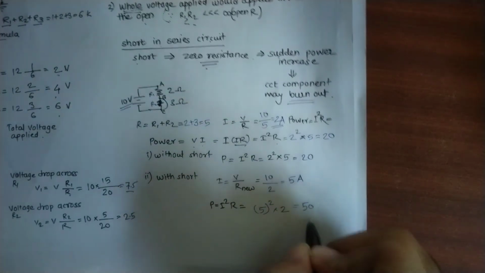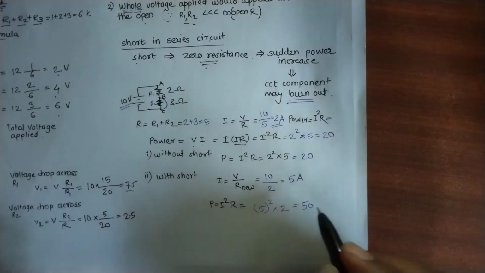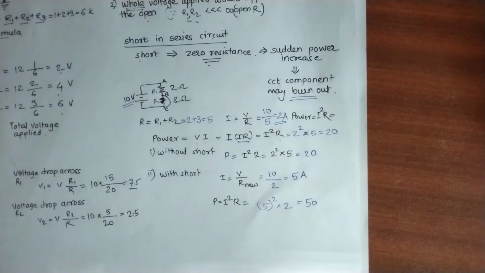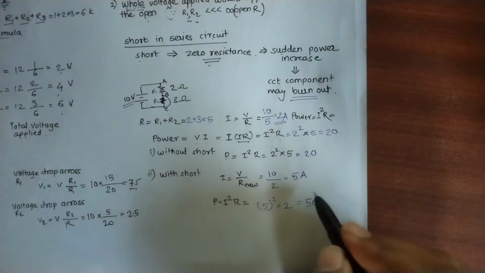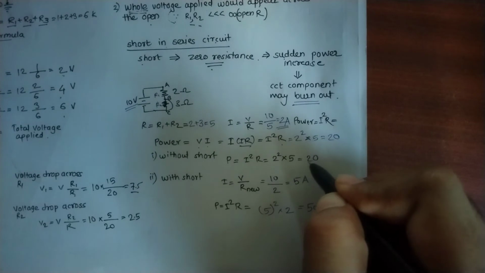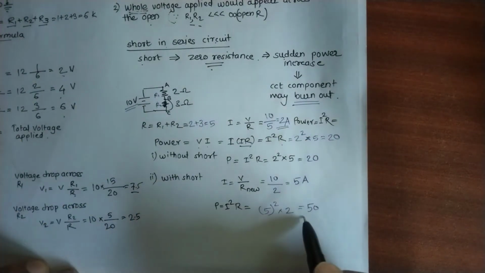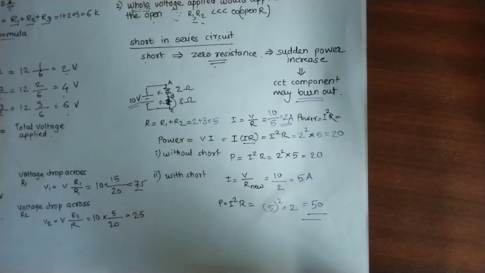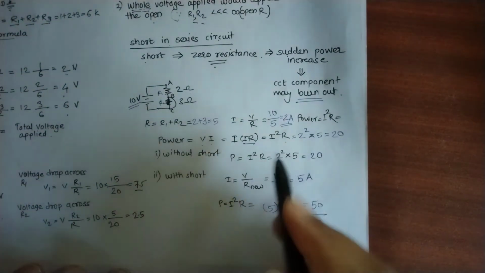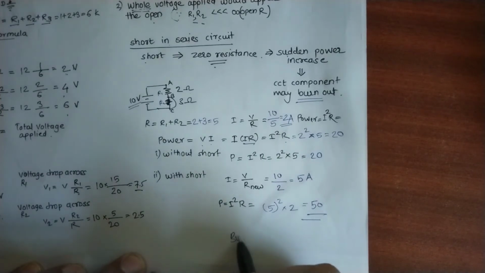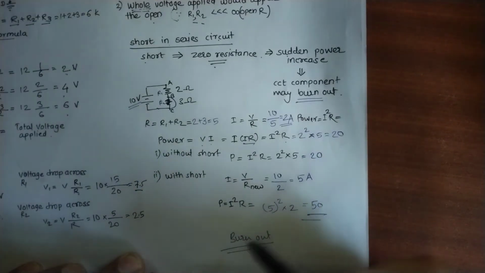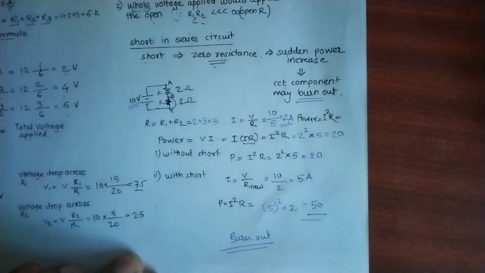So what we are seeing here is a multiplication of the power, right? Such a vast power is applied across the circuit, so the circuit may burn out, right? This burning out of the circuit components can be seen in the series circuit.